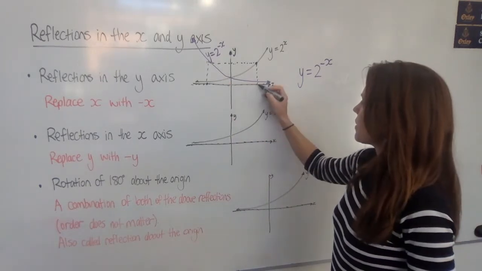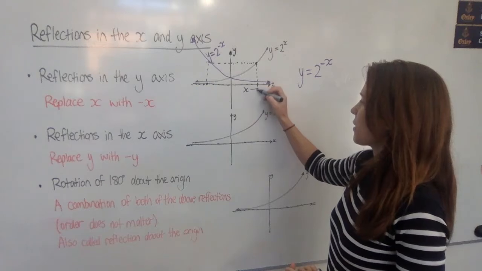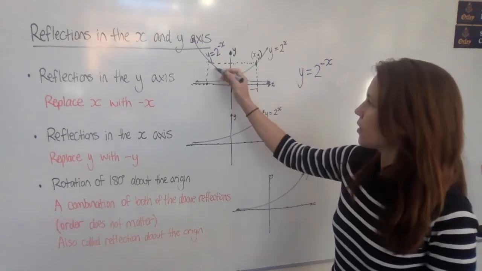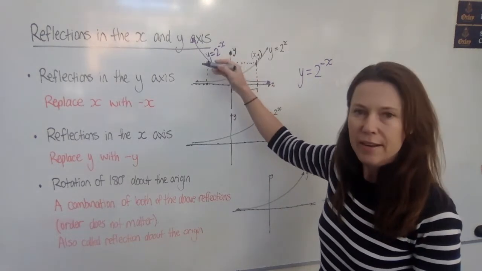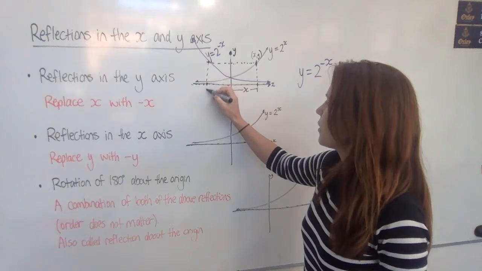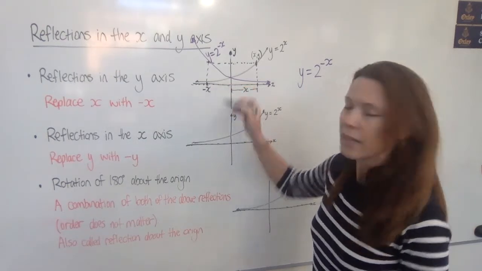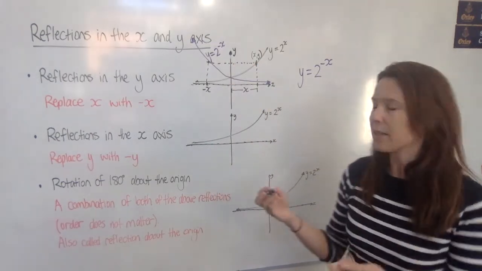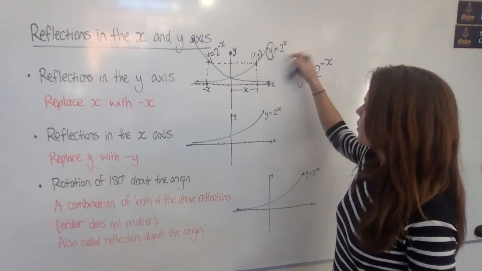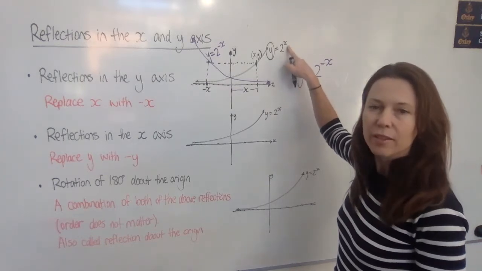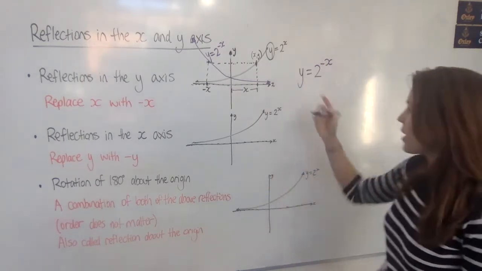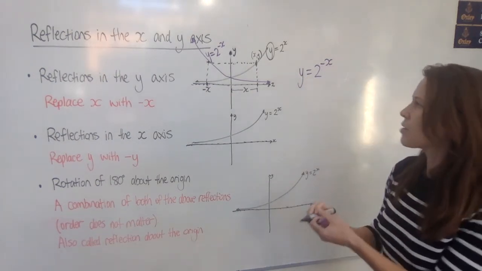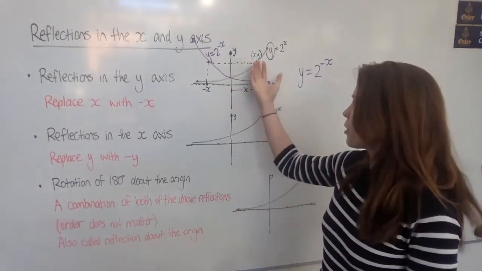So if this distance here was, say, x, to create this point x, y, then we've got the same y value being created now by negative x, which is over here. And that distance from here to here is still x. That's x, and this is y. So it kind of makes sense that whatever y value you used to get from raising 2 to the power of something, you now get that same y value from raising 2 to the power of negative x.